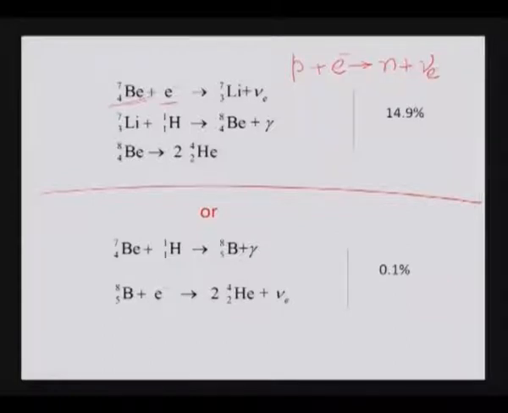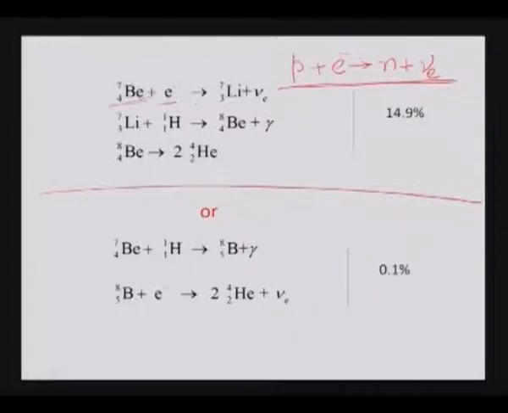Usual beta decay, you remember, proton going to neutron, positron and neutrino. So, you can bring that positron from the right side to the left side and you will get this reaction. So, a proton and this electron, they combine to make a neutron.